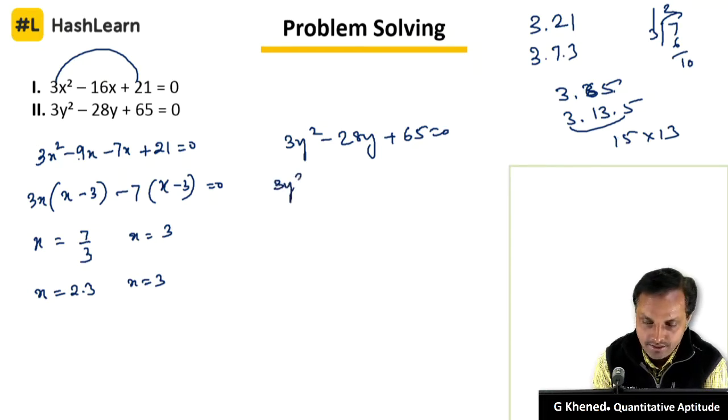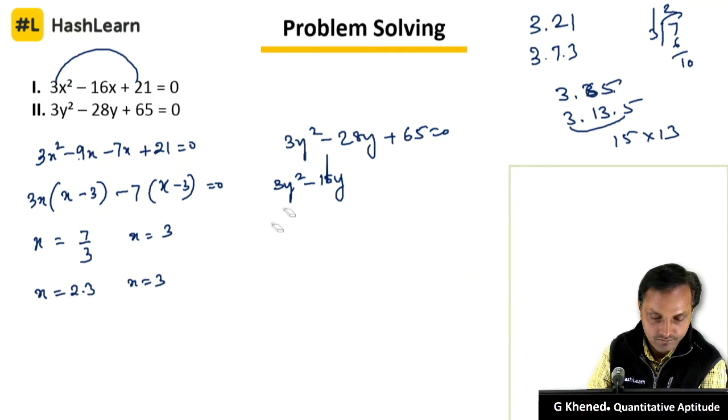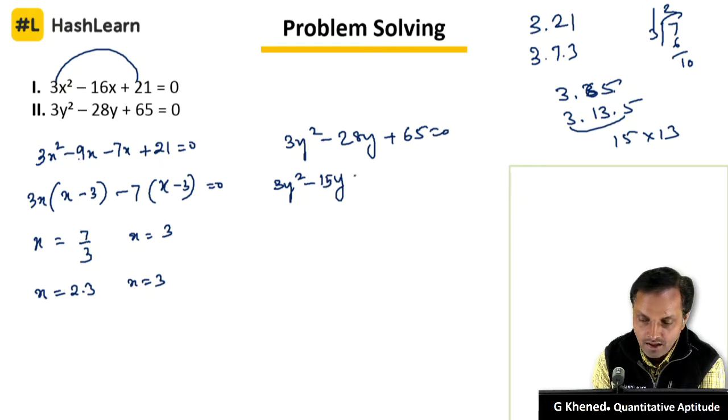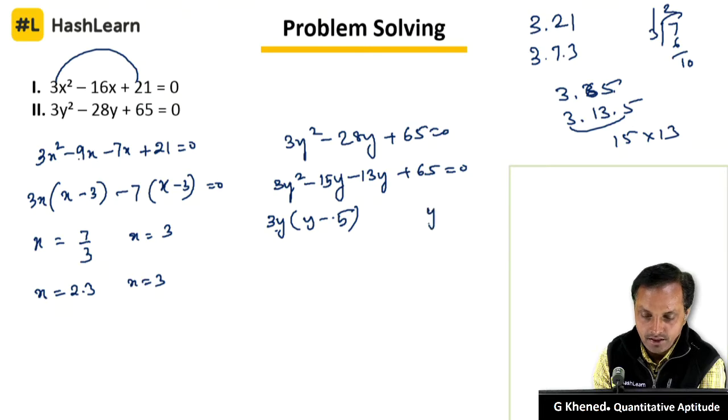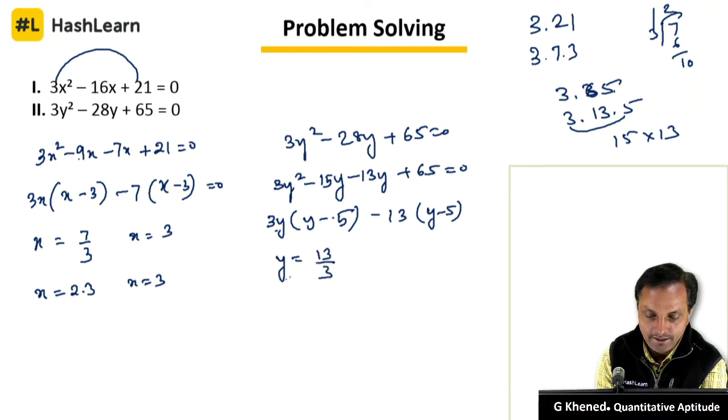So you can rewrite this as 3y square minus 15y minus 13y plus 65 is equal to 0. So 3y is common, so y minus 5, so 5 into 3 is 15, here also y minus 5 and you will have minus 13. So the value of y will be plus 13 by 3 and the value of y will be equal to 5.